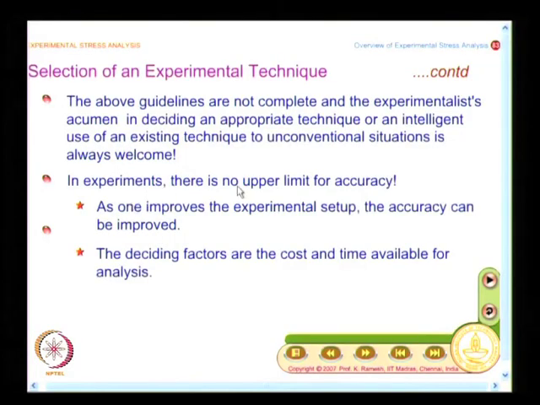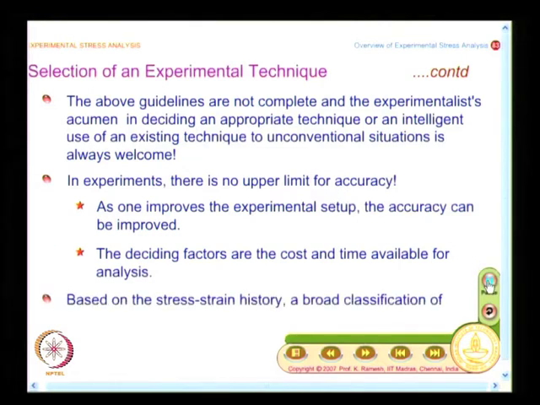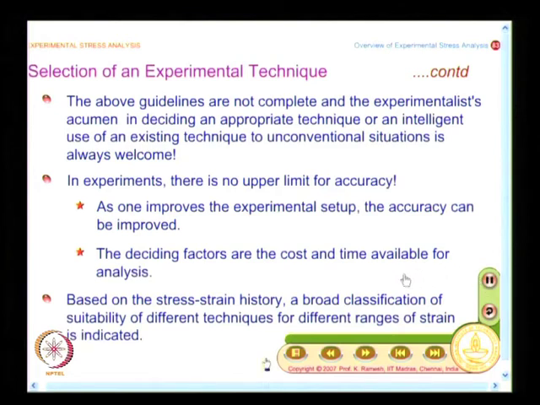So, these measurements also have to be precise, and you should use the principles of statistics: take a few measurements, take an average, all that you should employ. People never use statistics, they go and measure once and then say that this is the value. You will also always have to have an averaging procedure. So, that is also equally important. So, when we say in experiments there is no upper limit for accuracy, you should also caution that when you are doing an analytical calculation, those calculations have to be accurate enough.